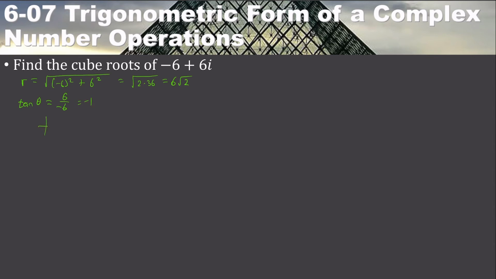So where does tangent equal negative 1? In quadrant 2 or quadrant 4. We look and see that negative 6 plus 6i is in quadrant 2, so our angle is 3 pi over 4. So z is 6 square root of 2 times cosine of 3 pi over 4 plus i sine of 3 pi over 4.